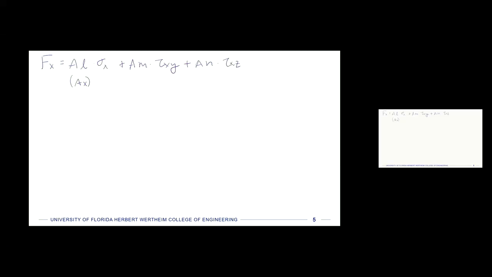Okay? And now we don't have any shear stress. We're saying that we are looking for the L, M, and N at which these go to 0. Okay, so we're going to cut off those two terms.